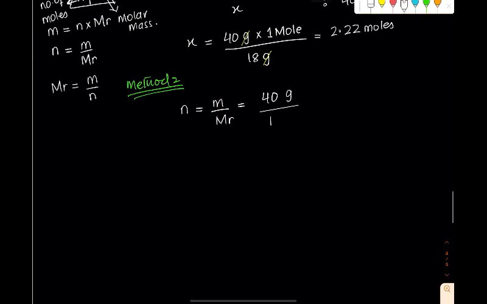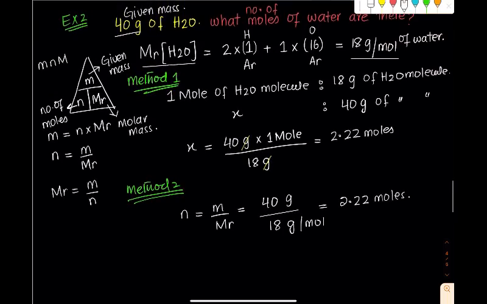So 40 divided by 18, we end up with 2.22 moles again. So we see that both methods end up with the same answer, and whatever method works best for you, you can use that.